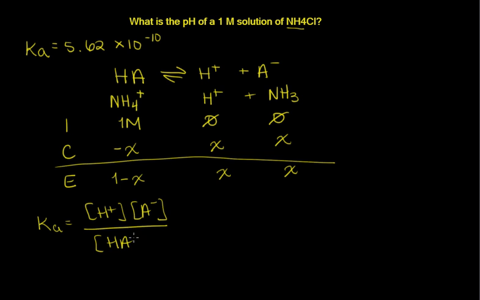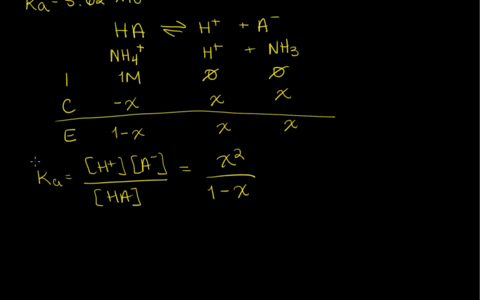And then we plug those in, so we get x squared over 1 minus x, and we solve it exactly the same way as above. So you go ahead and try to remember those steps. And the final answer here, after you solve for x, pH equals 4.63. Okay, so go ahead and solve this problem and see if you get this exact same answer.